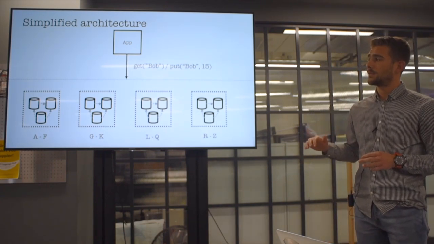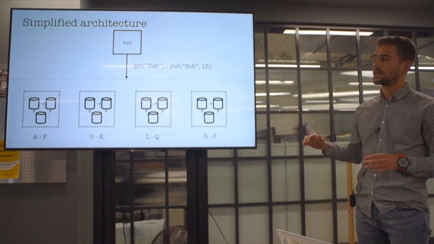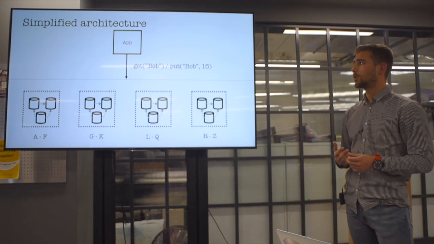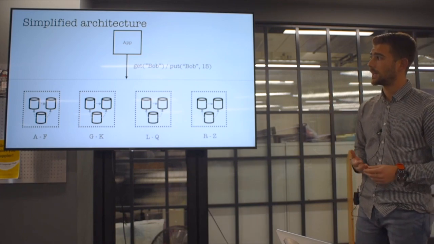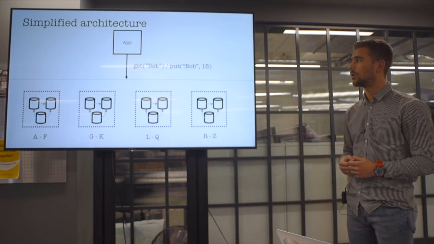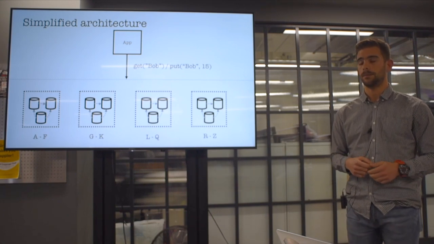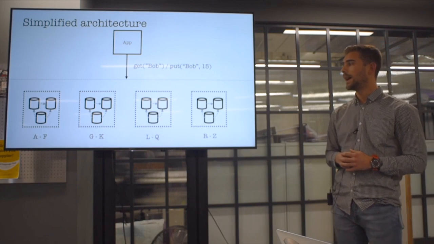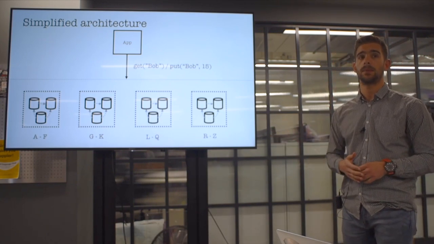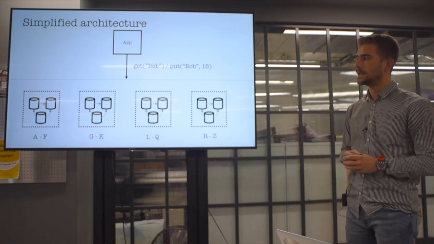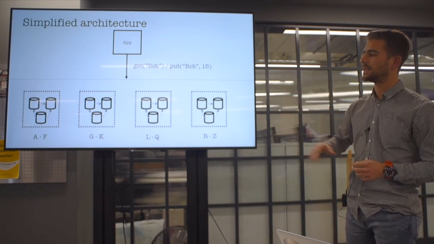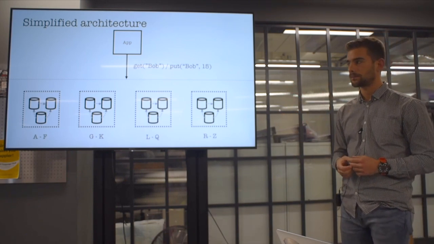So this is a very simplified architecture of how the system worked before we go into the details, so that we can have an idea. The way it works is you have an application. The main two operations are get by a key or write a specific value for a key. And then essentially what they did is they split their dataset. They sharded their dataset into multiple datasets, and for simplicity, I did that alphabetically.